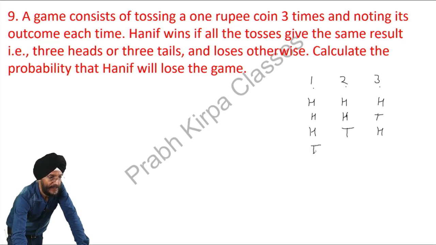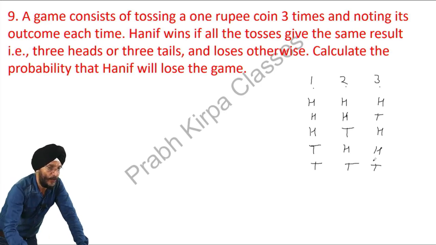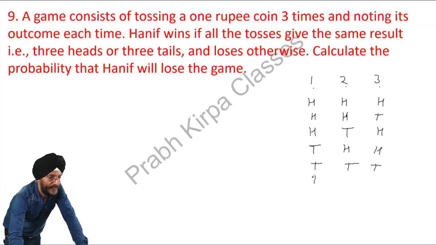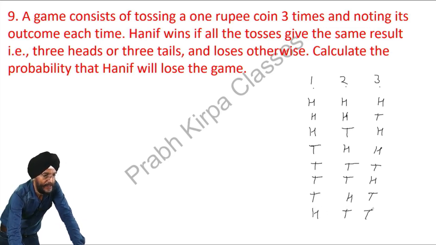And then on another occasion, there may be tail, head, head. Then there may be tail on all the 3 occasions. Then there may be tail, tail, head. Then tail, head, tail. And then there may be head, tail, tail.